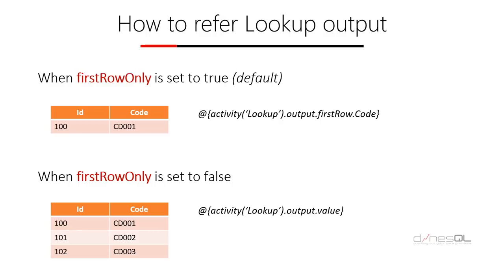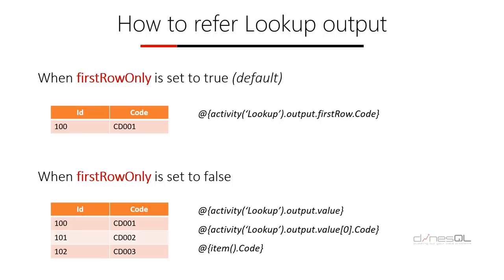But if I want to read a specific value from a specific instance, I can simply pass the index and then refer to the column. For example, if I write the expression like activity name of the lookup output value within bracket 0, which means I'm requesting the first instance of my data set and the code column, then I'll be getting CD001.